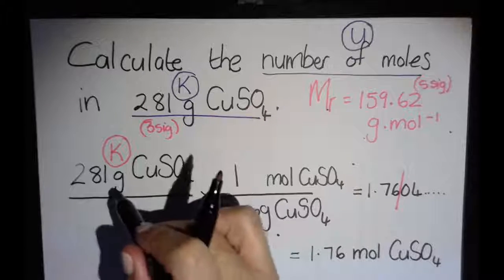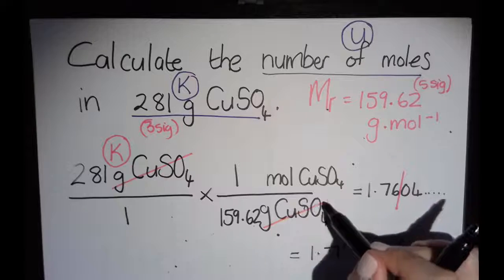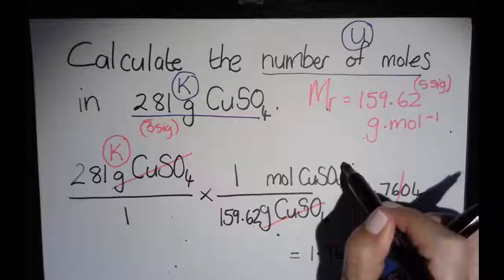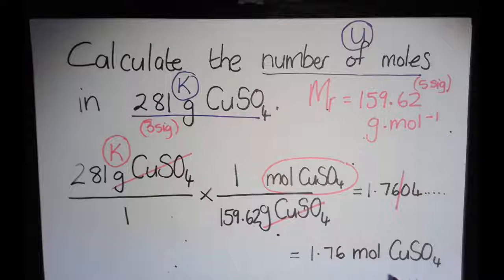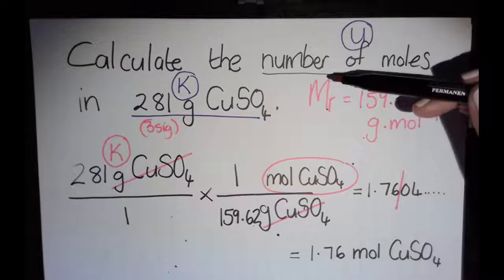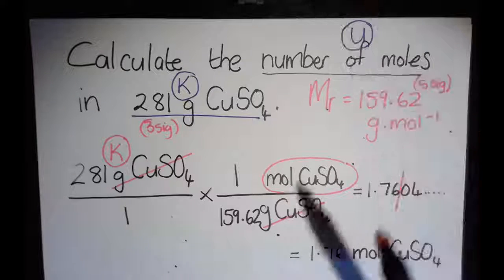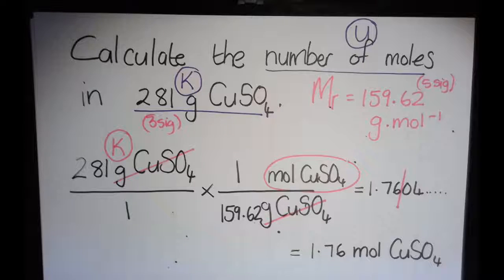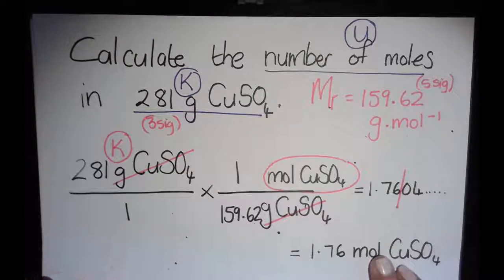Because grams of copper sulfate here cancels out grams of copper sulfate there, which means my final answer is mole of copper sulfate, and that's exactly my unknown. My unknown is number of moles of copper sulfate. Okay, so that's the calculation of the number of moles that you will find if the mass is given.